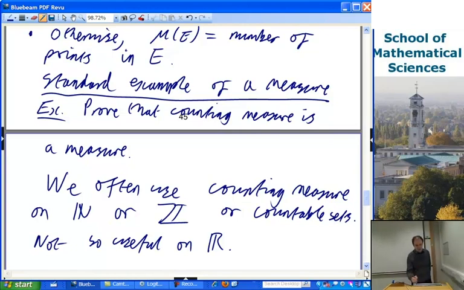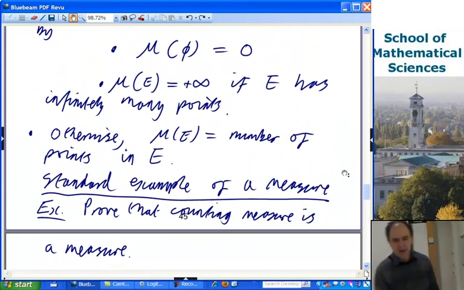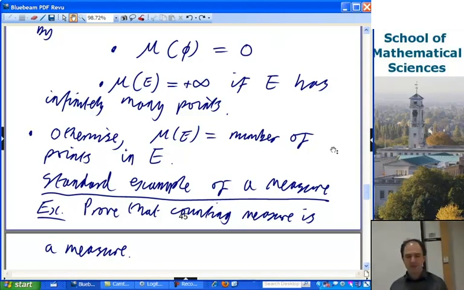Oh, I said there was redundancy. What's this redundancy? Well, the empty set is a finite set with number of points in it 0. So this first one about the empty set is actually a special case of the third one, which is when E is finite.